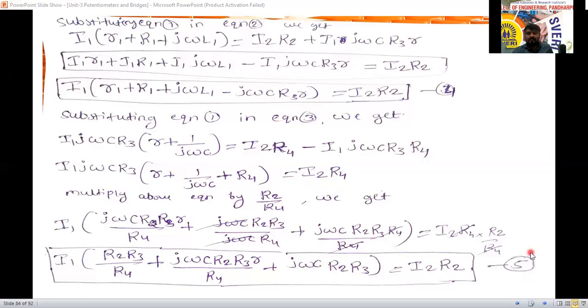See here, equation number 4 and equation number 5, the RHS of both is the same. So we can equate them: the LHS of equation number 4 equals the LHS of equation number 5.